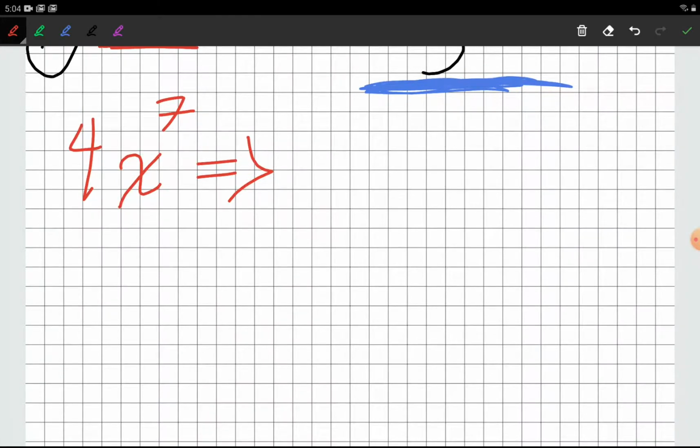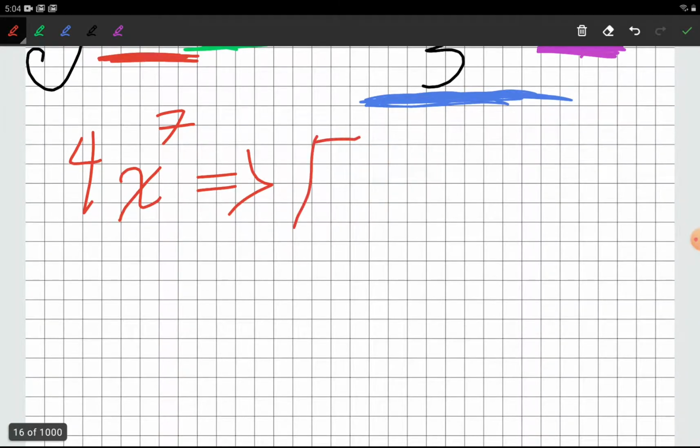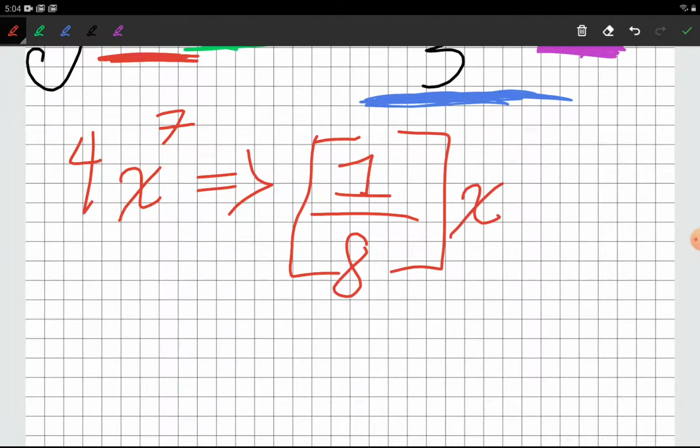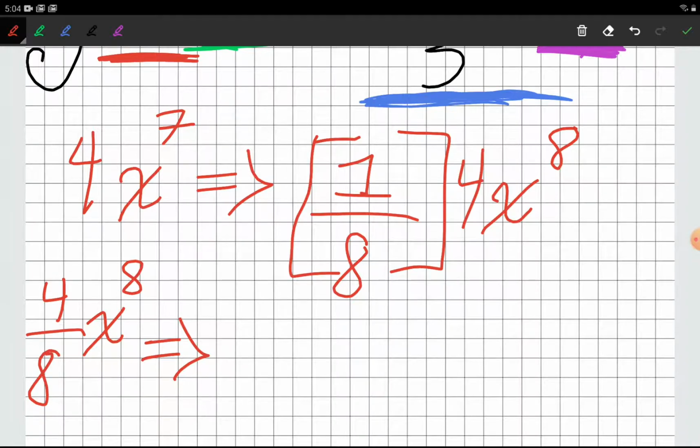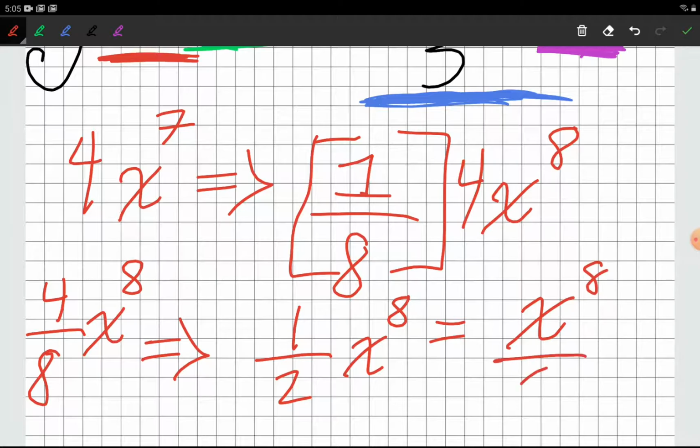All right, so here we go. 4x to the 8th simplified, that's the red one.